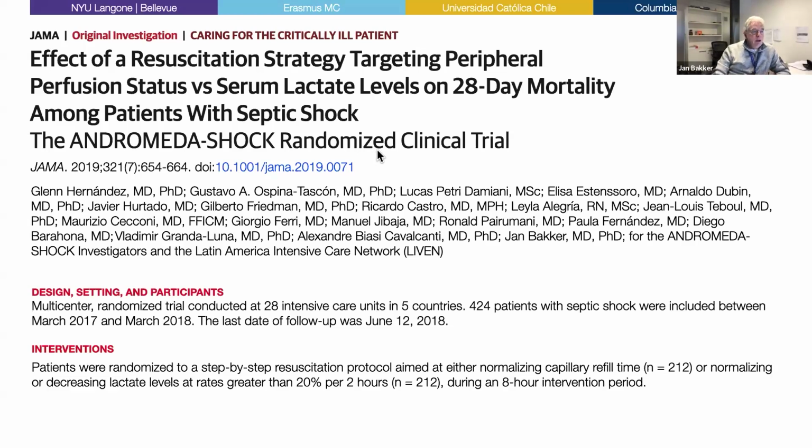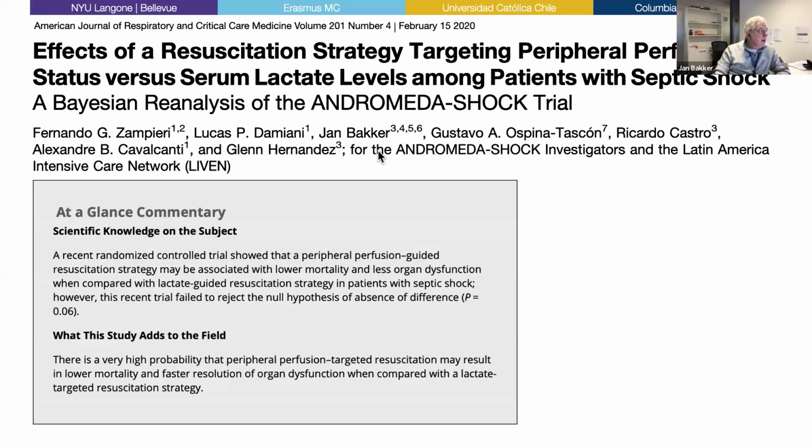We added to this by doing a Bayesian analysis of the data. And so Bayesian is you have a prior. And so I'm very pessimistic. I think that actually if you use lactate, capillary refill time, you will start killing patients.